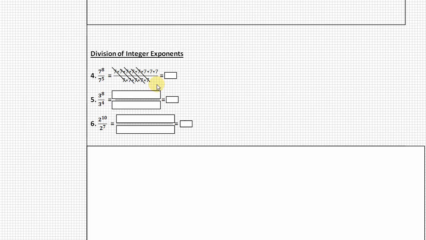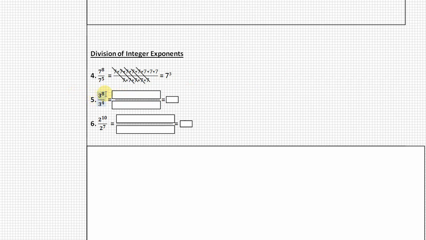And once we've done canceling, and again it has to be the same value, all we're left with are these 3 7s. 7 times 7 times 7. So we can simplify to write all that we have left once we've done the cancellation to being 7 to the 3rd power.